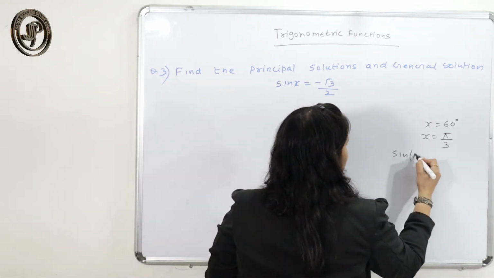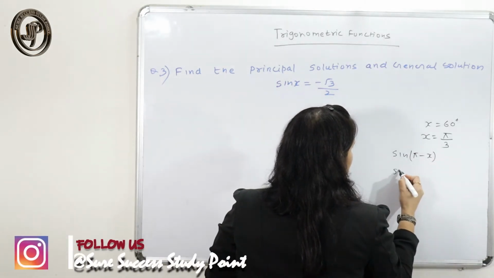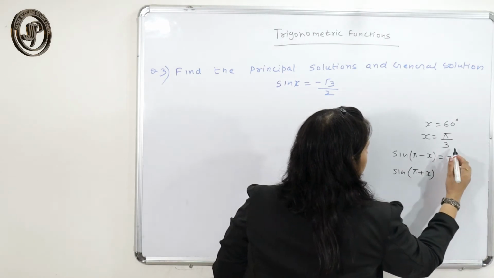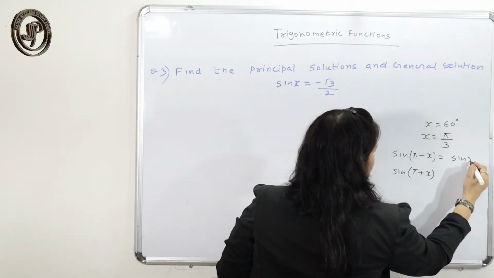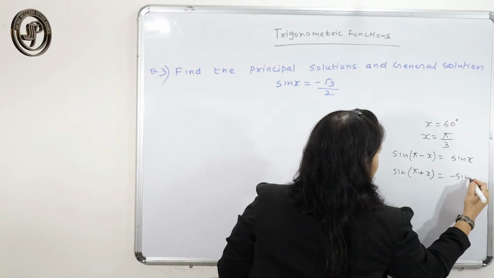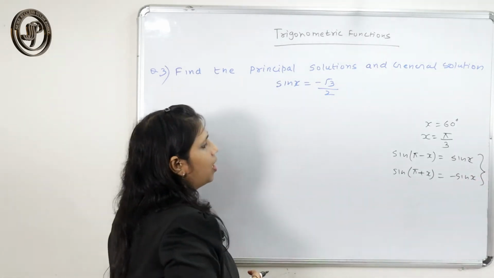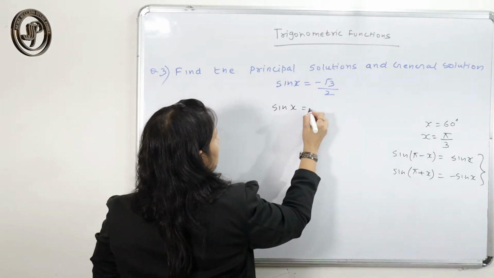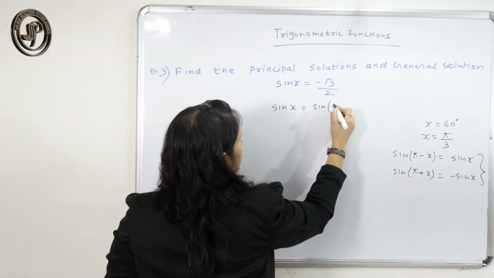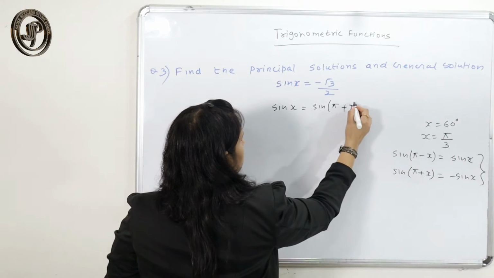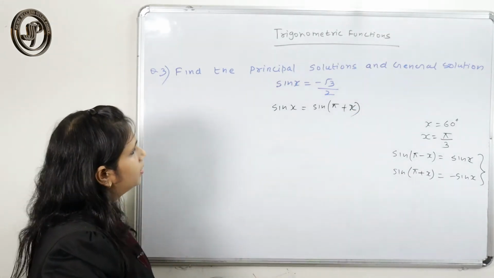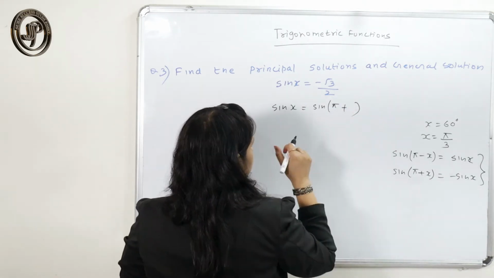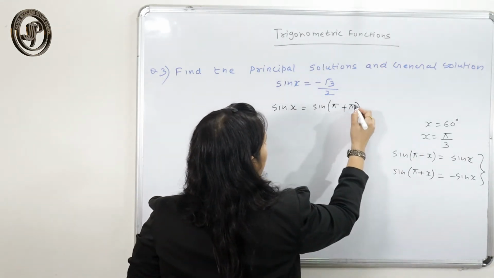So I have two ways, either this way or this way. If I go by this way, I get positive sin x. If I go by this way, I get negative sin x. So you can write sin x equals sin of pi plus x, where x is pi by 3.